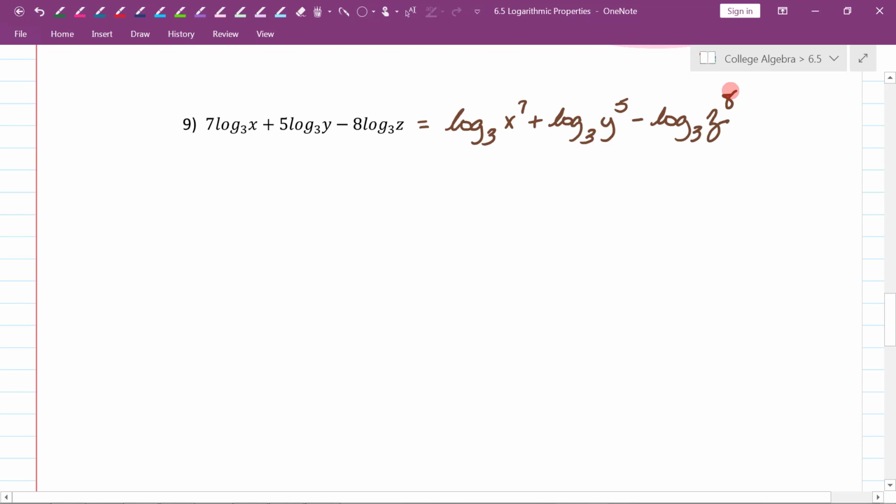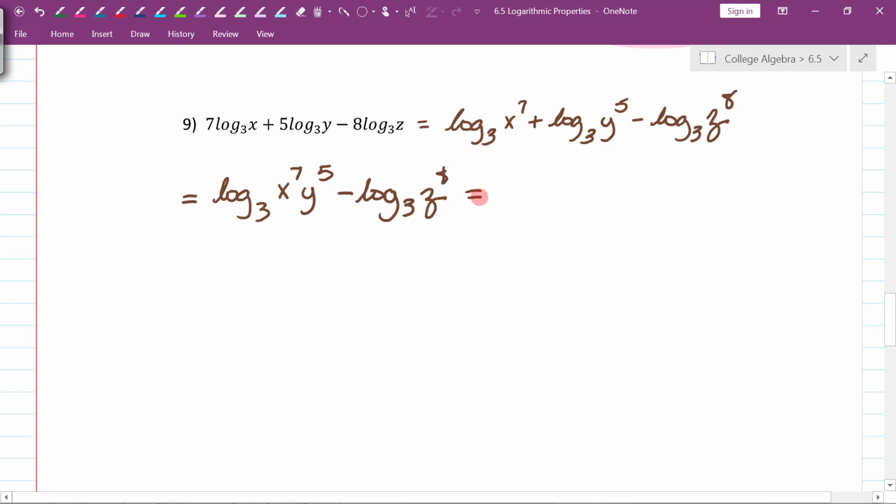Okay, step 2, I'm going to go ahead and put these together through multiplication. So this is going to be equal to log base 3 of x to the 7th times y to the 5th minus log base 3 of z to the 8th.